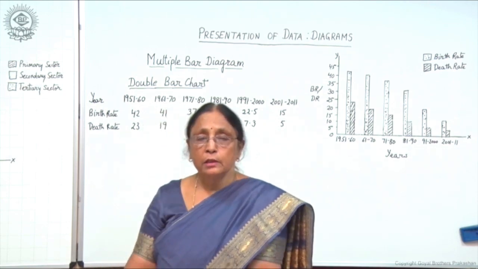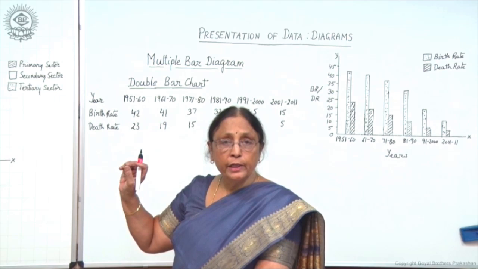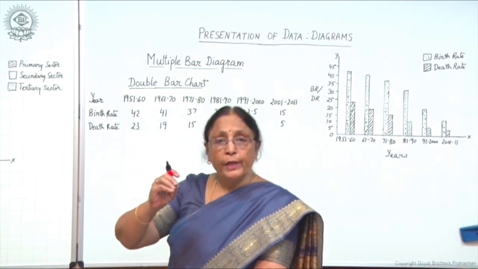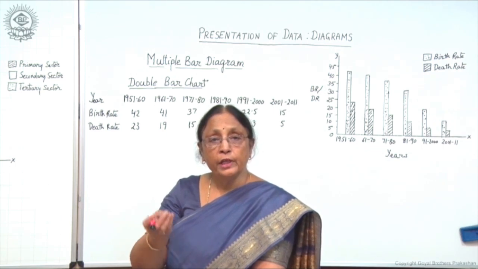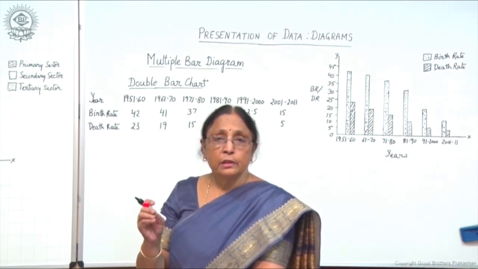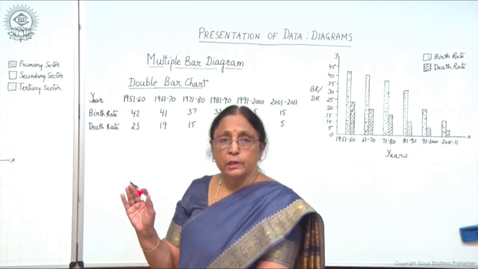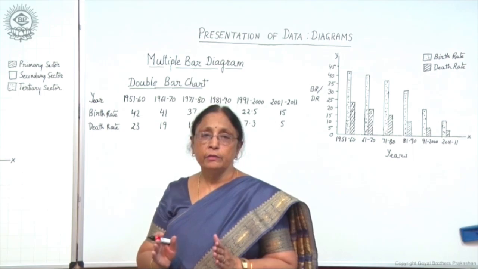So here we have the data of birth rate and death rate, and you have to compare how many are born in a particular year and how many are dying in a particular year. This shows two variables and you can make the comparison by drawing two adjacent bars.